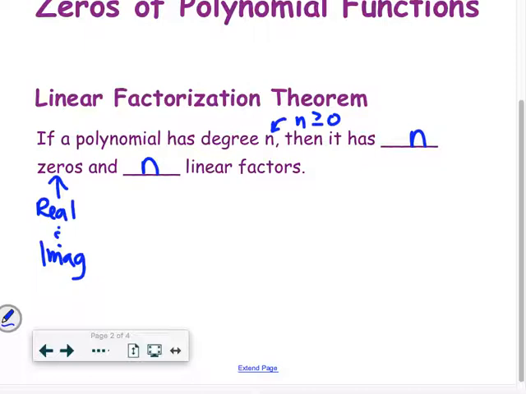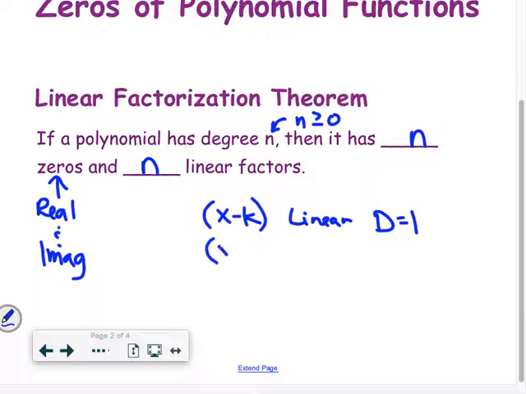So remember, when we're writing factors for polynomials, if I give you a list of zeros, you write them as x minus k's. So if you just have a single linear factor, x minus k, then you have a linear polynomial with a degree equal to 1. Okay? So 1 degree means 1 linear factor.